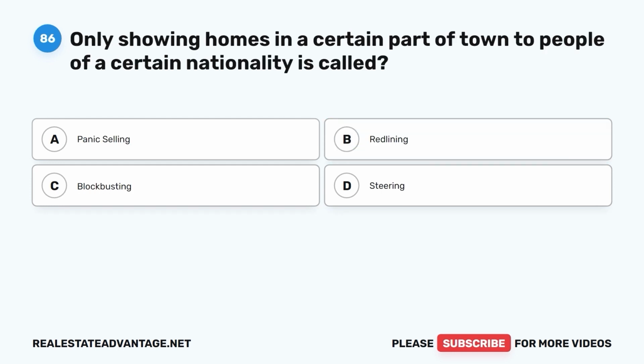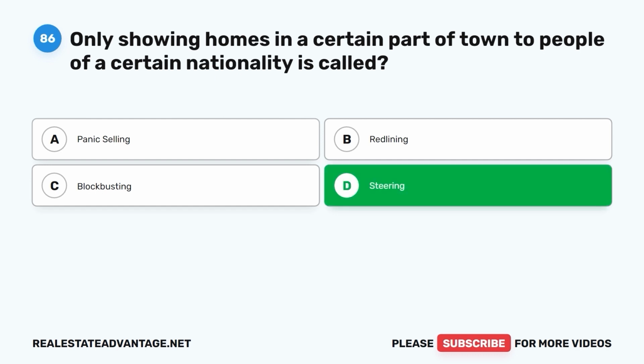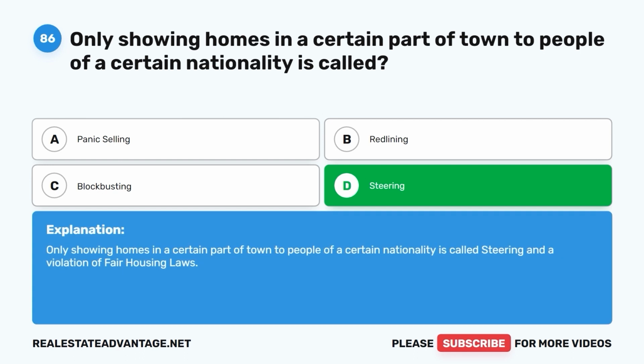Only showing homes in a certain part of town to people of a certain nationality is called A. Panic selling, B. Redlining, C. Blockbusting, D. Steering. The correct answer is D. Steering. Only showing homes in a certain part of town to people of a certain nationality is called steering and a violation of fair housing laws.